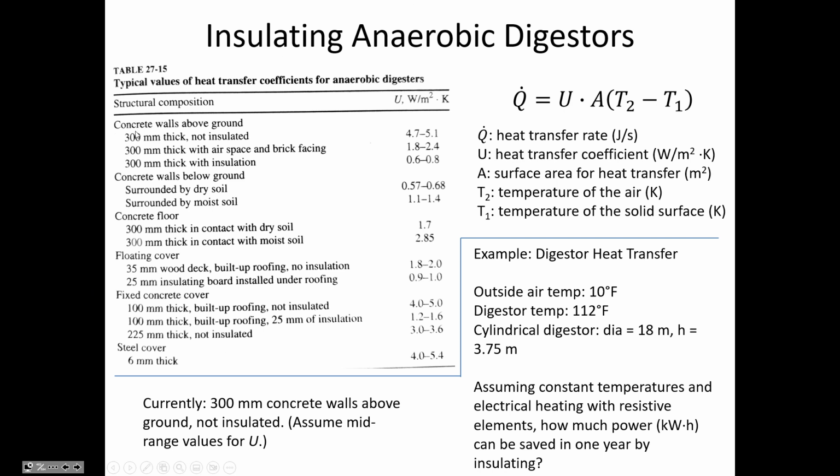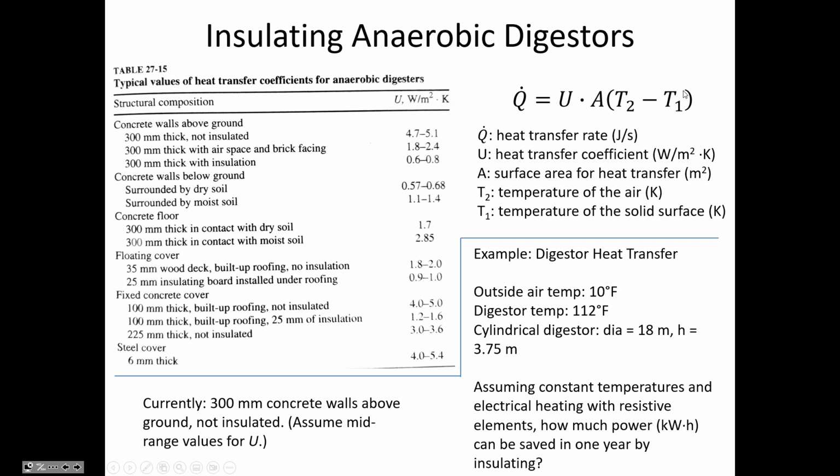So if you have just a concrete tank that isn't insulated, then what this is showing is that the heat transfer coefficient is between 4.7 to 5.1 watts per square meter, and you'll notice that the units here have Kelvin in the denominator.